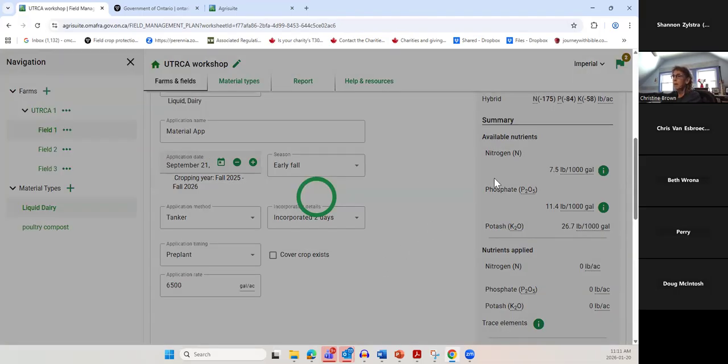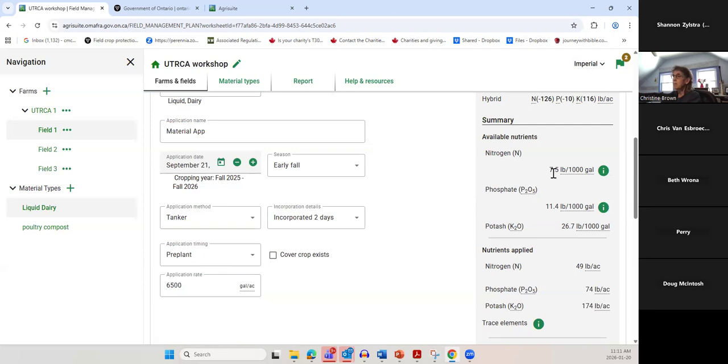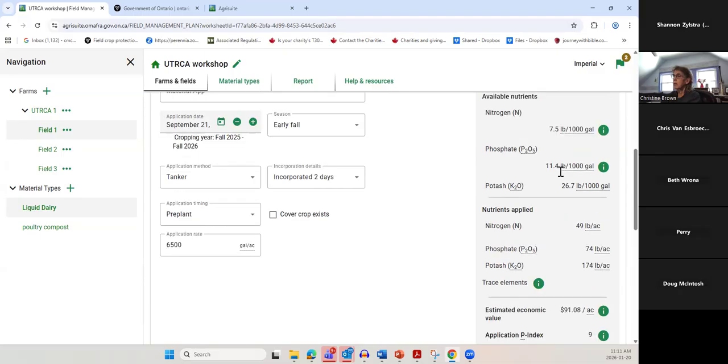It gives me the information that I'm estimating that I'm going to get about 7.5 pounds per 1,000 gallons of nitrogen for this year's corn crop, and about 11 pounds of phosphorus per 1,000 gallons, and about 26, 27 pounds of potash.